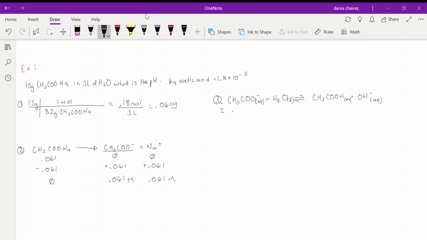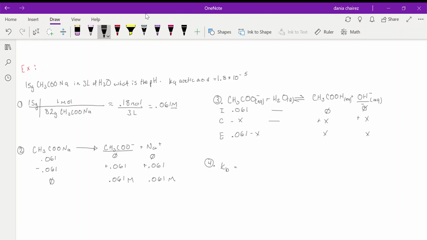So initially we have the 0.061 from our salt, and these are 0. And then since this is the conjugate of a weak acid, our change is x, because these don't dissociate fully, so we don't know by how much they're dissociating. So we end up at equilibrium with these values. Then we're going to solve for our x's, which we have an OH left over, which means we have to use Kb.